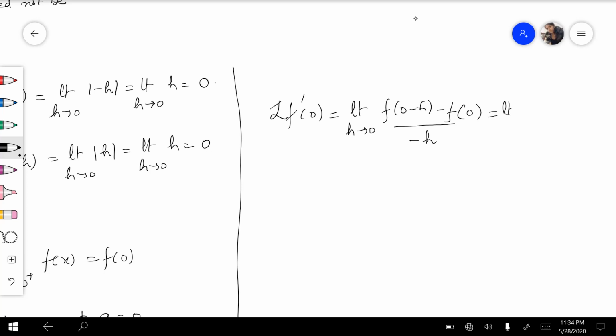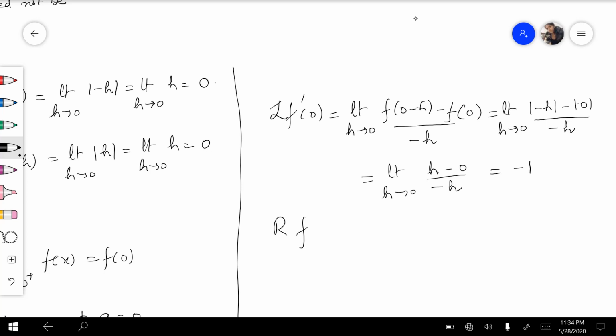This equals to limit h goes to 0 mod of minus h minus mod of 0 upon minus h is equal to limit h goes to 0 of h minus 0 upon minus h. Simplify, okay, this equals to minus 1.